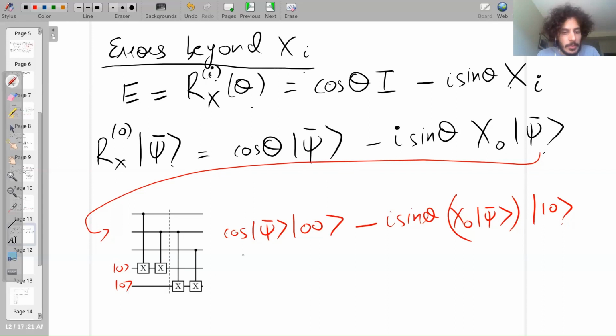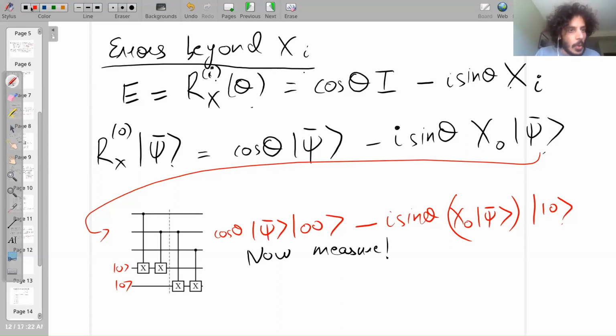Now measure. When you measure this, you're measuring these syndrome qubits. So the outcome is that either you will get this or you will get this. The probability of getting 0, 0 is cos theta square, and the probability of measuring 1, 0 is sine square theta.